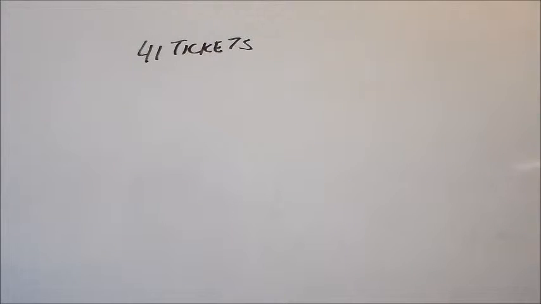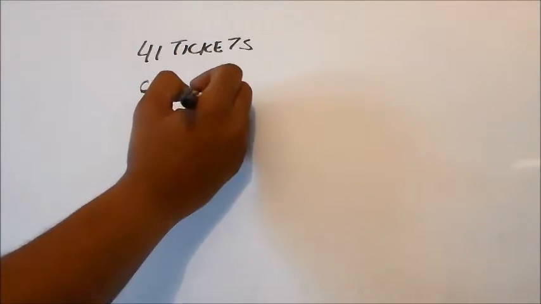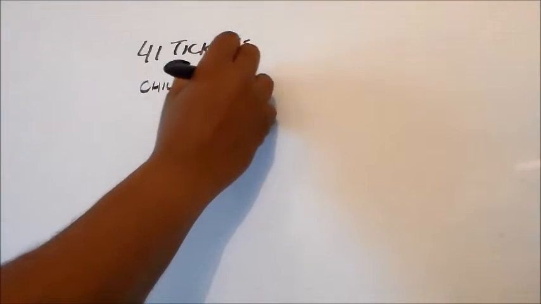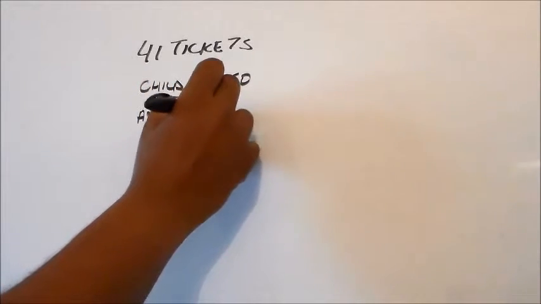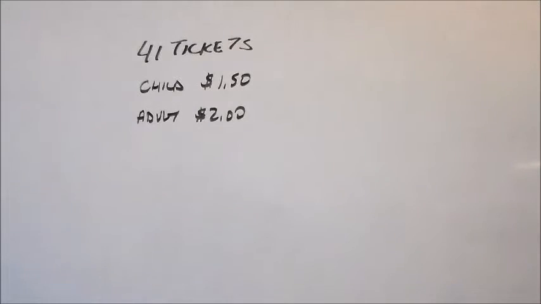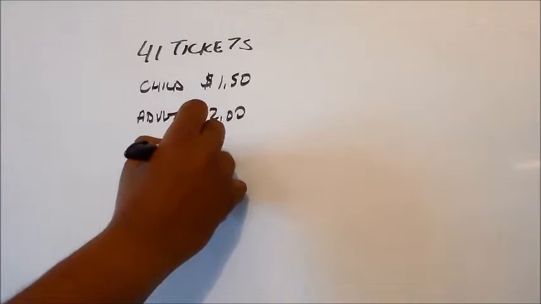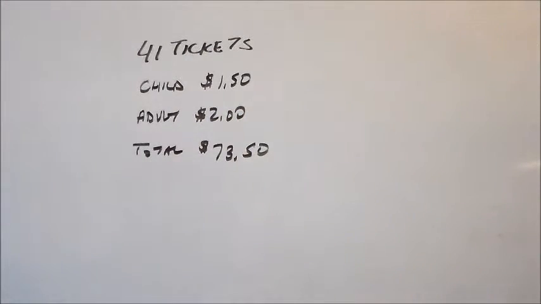We have child tickets, which were sold at $1.50, and adult tickets that were sold at $2. Also, the total revenue was $73.50. So what the question is asking us is how many of each type of ticket were sold?